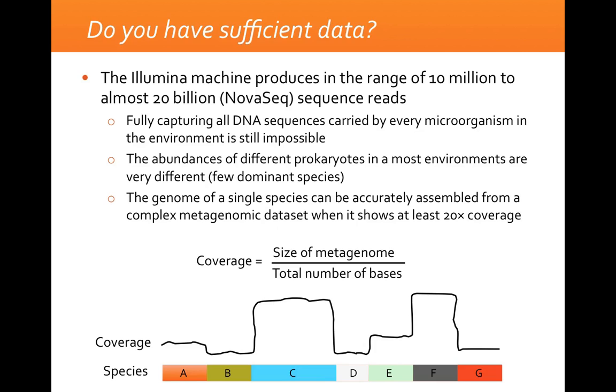Okay, and the next question is, do you have sufficient data? Working with metagenomics, it's always a question how deep you should sequence in order to get the information that you actually want to have. The newest Illumina machine, the NovaSeq, produces up to 20 billion sequence reads in one run.